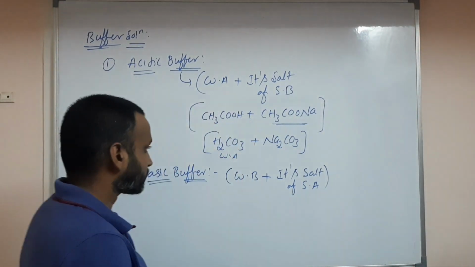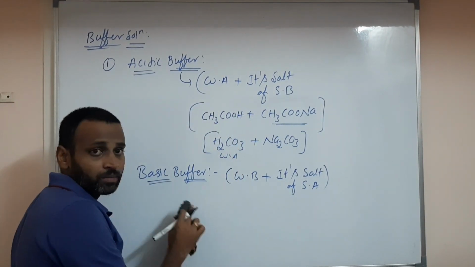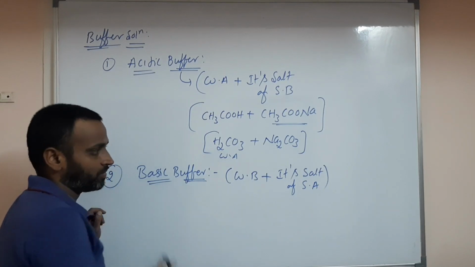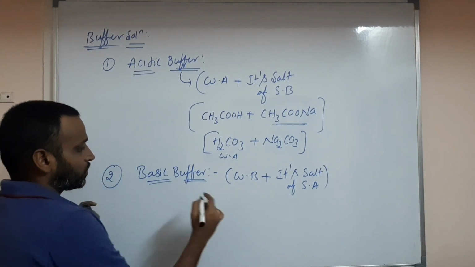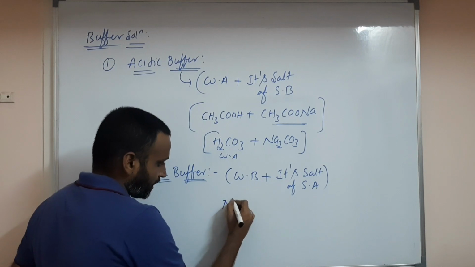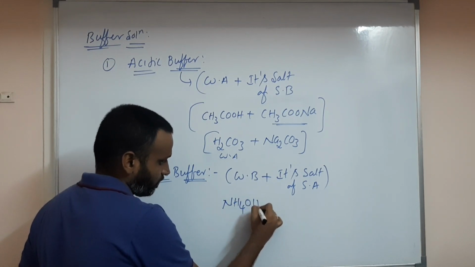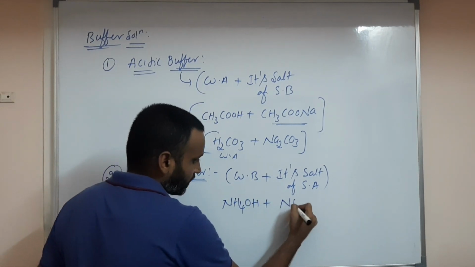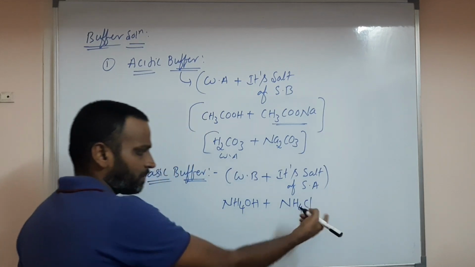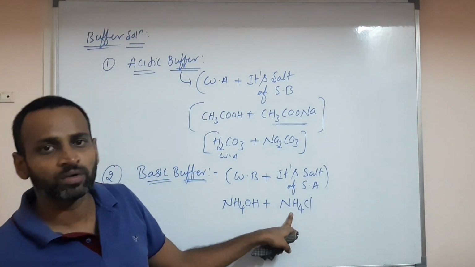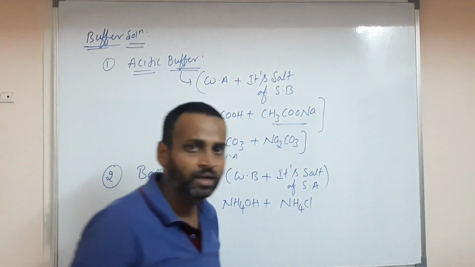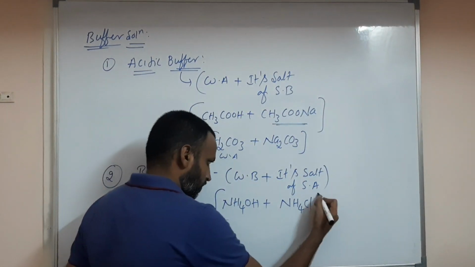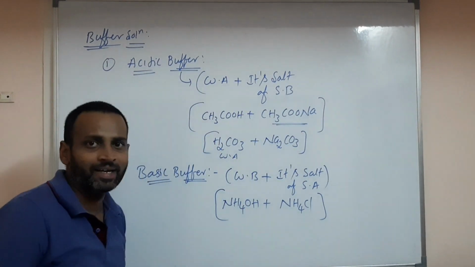Understood, everyone? This is about basic buffer or acidic buffer? Basic buffer. Any kind of example you want? NH4OH, a weak base, and its salt like NH4Cl. Maybe (NH4)2SO4, ammonium sulfate, you can take, not a problem. So this is about basic buffer and acidic buffer.